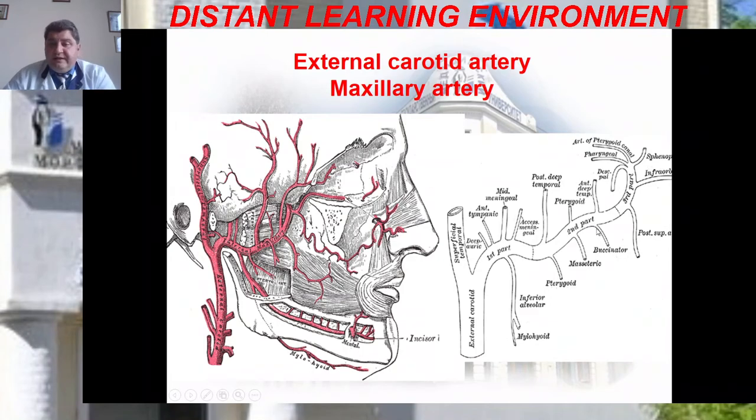And at last you may see the buccinator or cheek artery for blood supply of the cheek regions, also for the cheek wall, mucous tissue, and also for the mimic muscles of the cheek.